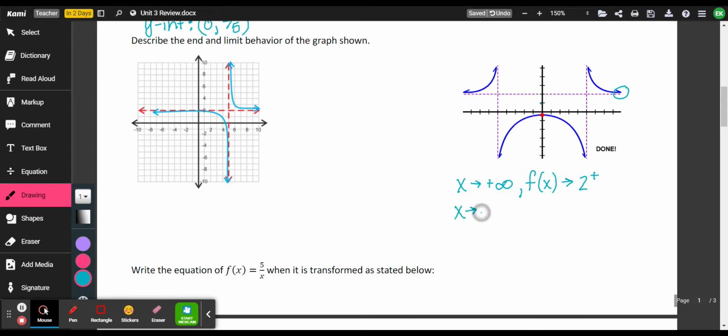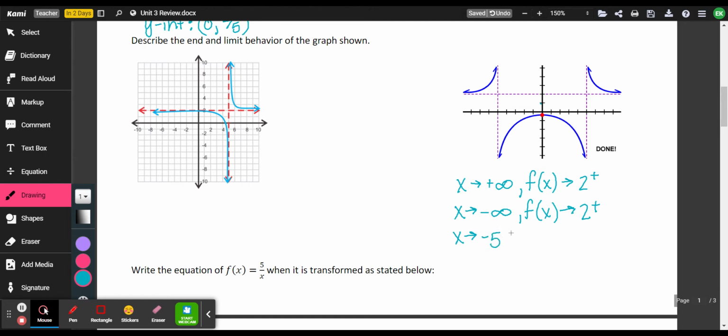And as x approaches negative infinity, that is over here, f of x is again approaching 2 from the positive side. So that's my end behavior. Now I'm going to do my limit behavior. Remember, I need to do that as x is approaching each asymptote from each side. So I have an asymptote here at negative 5.